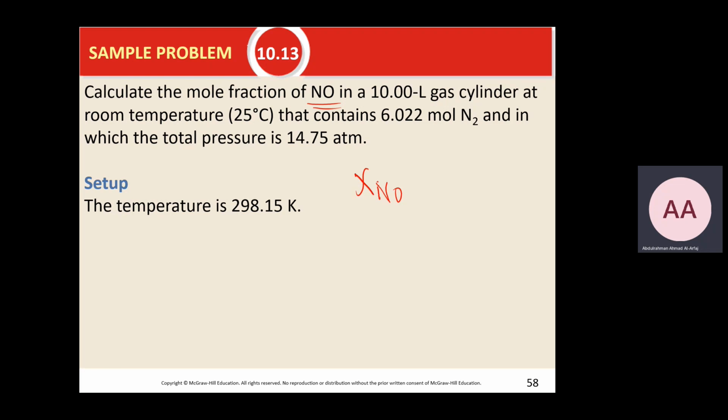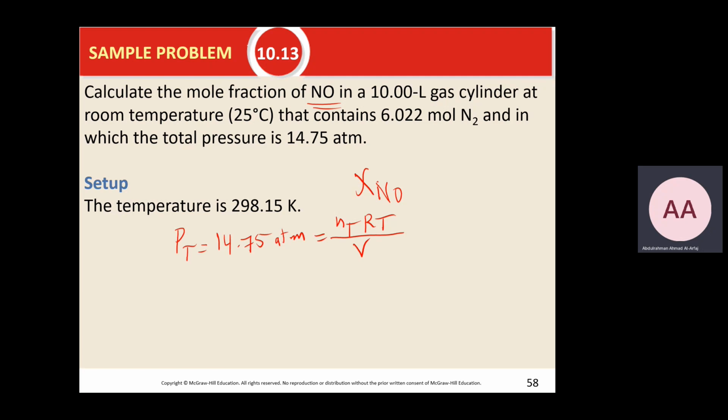What should you do? Here you have the total pressure, which is equal to what? 14.75 atmosphere. This is equal to N total times RT over the volume V.